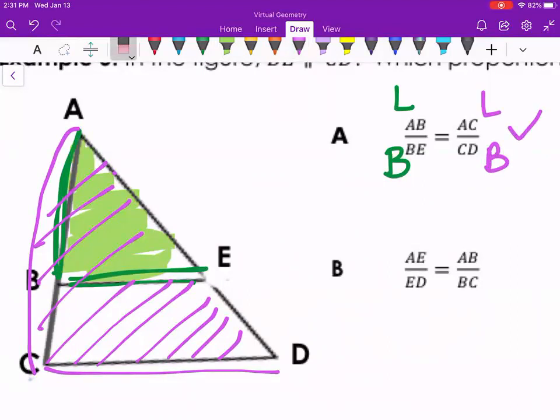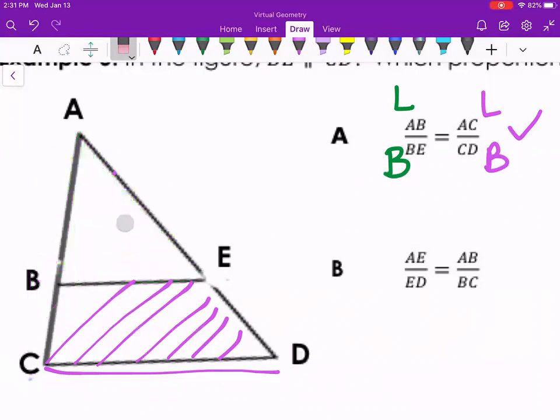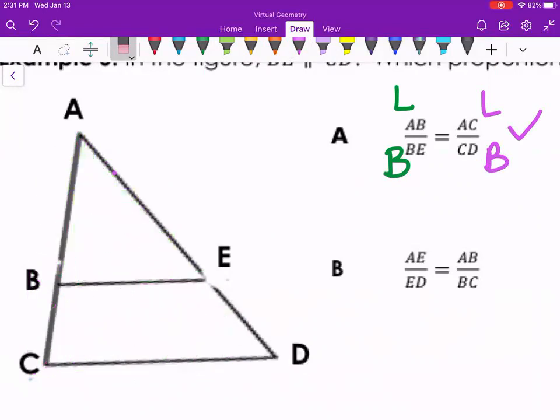Let's check B and see what happens there. A to E and ED, okay, so that's on one side. This is left side, left part, left part.